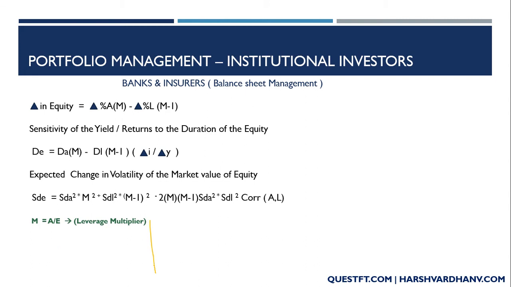For a bank it is very important that they manage their assets and liabilities well, because banks cannot go and raise money from institutional investors every day. The cheapest source of funds for them is the depositors who are depositing money in the bank.